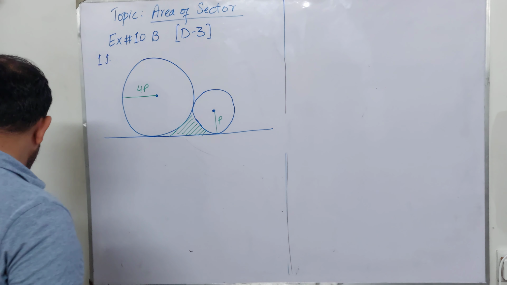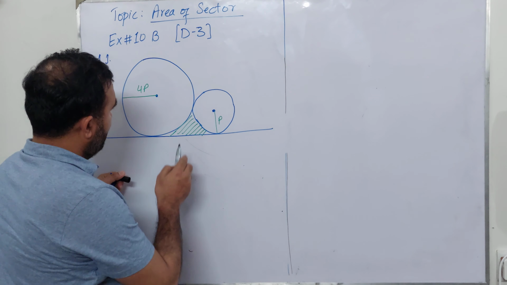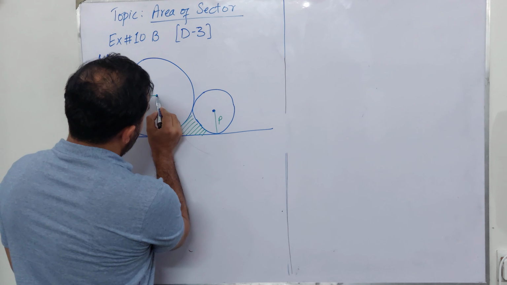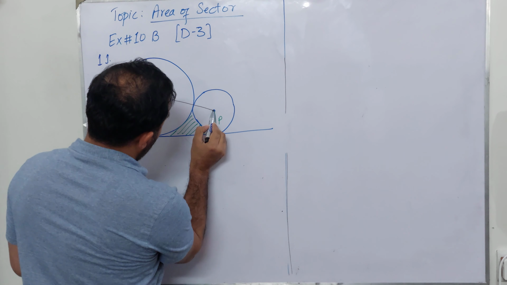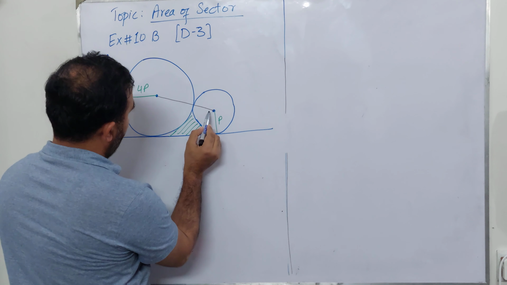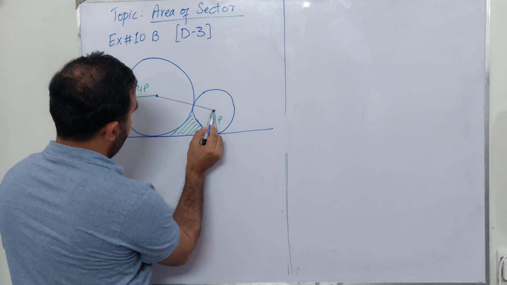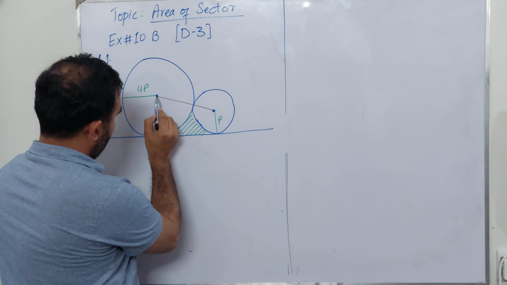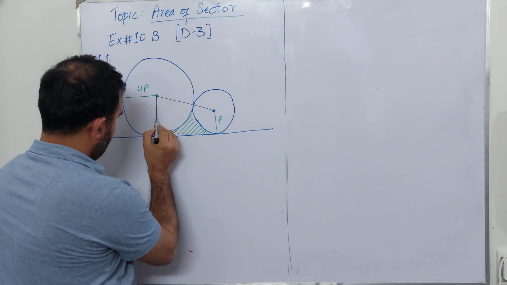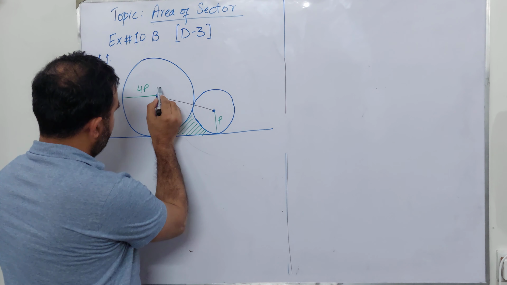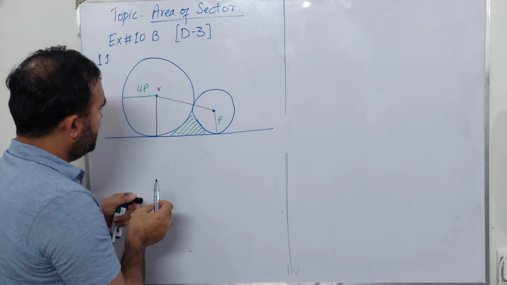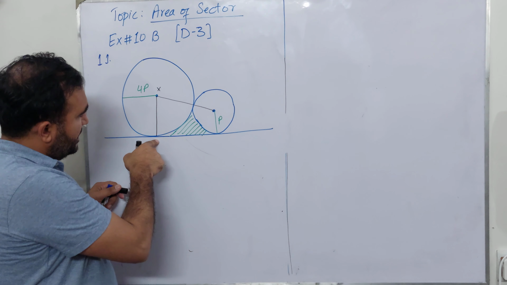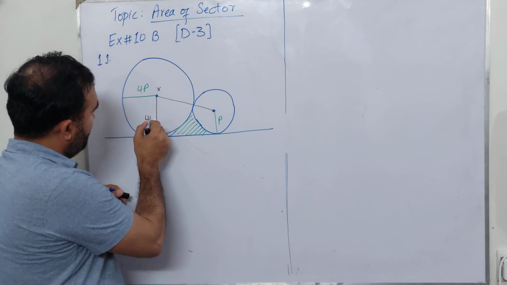So first, what we have to do is combine this first, right? And then we need to draw a parallel line to this one, and first combine this point x with the boundary of the circle, which is again a radius, and that is equal to 4p.